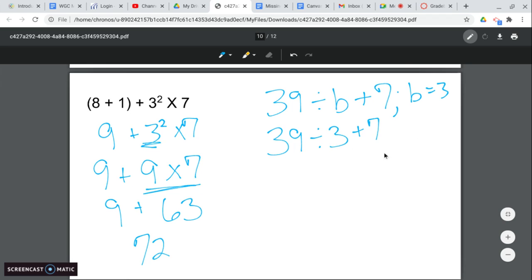There's no parentheses or exponents, so we start with multiplication and division. 39 divided by 3 is 13 plus 7. 13 plus 7 is 20. So there is our answer. Anytime you're given a variable like that, it's going to tell you what to plug in for the variable. You just replace your variable, in this case B, with what it equals, 3. And then work out the problem.